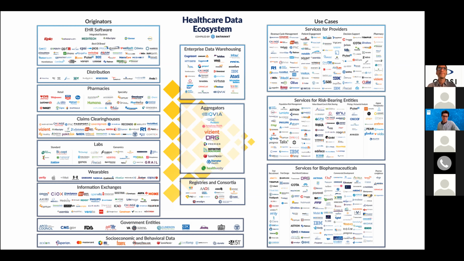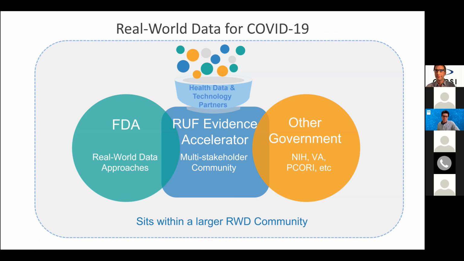So if you can go on to the next slide, it's titled Real World Data for COVID-19. This is just a brief introduction to the Reagan-Udall Foundation Evidence Accelerator, which was set up to help FDA and others make sense of this complex ecosystem of health data.